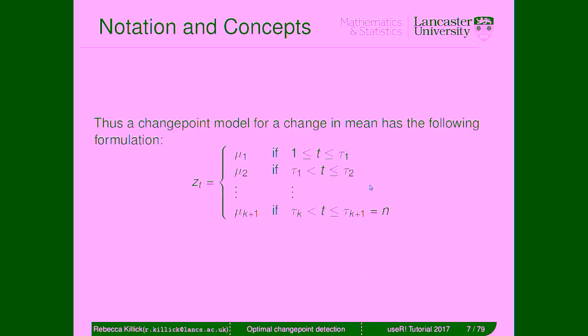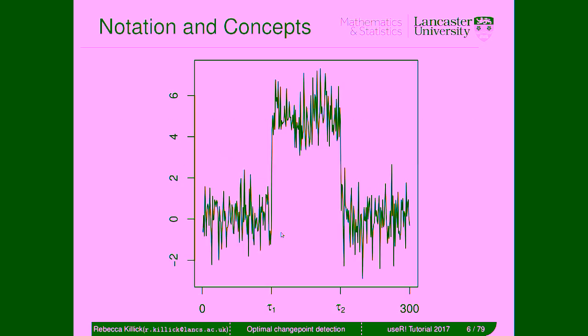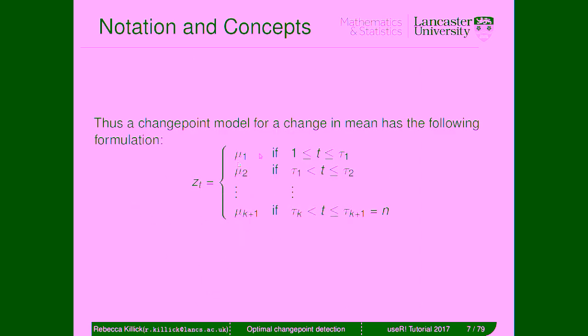So what that basically boils down to in a change in mean aspect, so how I would write this data set mathematically, is that I would say that Z has some mean, mu 1, between time 1 and tau 1, generalized down for all of the different segments, where a segment is the data between change points. And then I'm going to say tau k plus 1 is the last mean, and that's the last segment, where tau k plus 1 is going to be n. So that means that I have k changes in my data.